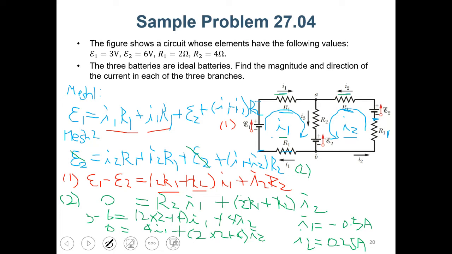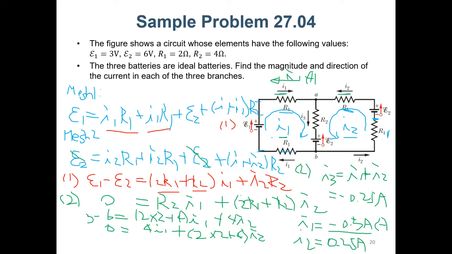And finally, I3 should be nothing but I1 plus I2, which is minus 0.5 plus 0.25, which is minus 0.25A. Which means that I1 should be actually going this way, and then this should be a plus value because we calculate that I1 is minus 0.5A.